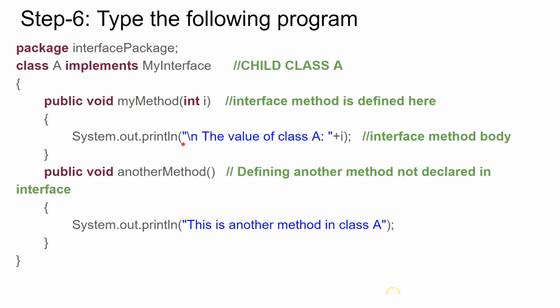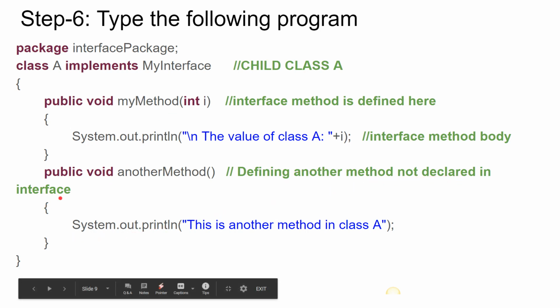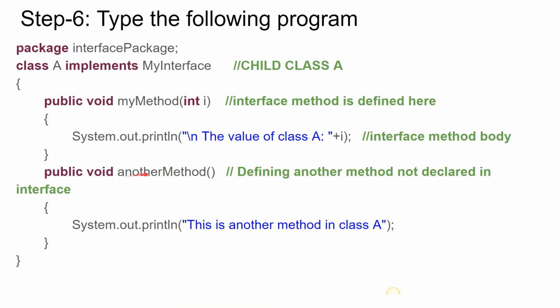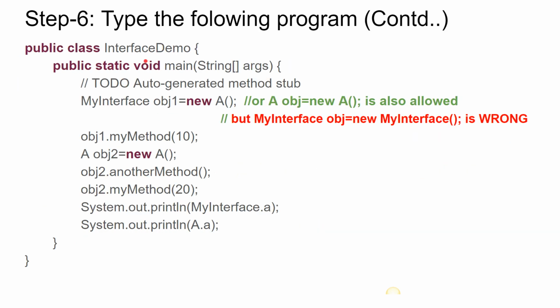Instead of val we are using i here, just a variable name. Interface method is defined here. And another method, which is not declared in the interface, has its own body. So next, this is the main class, because it has the main method.